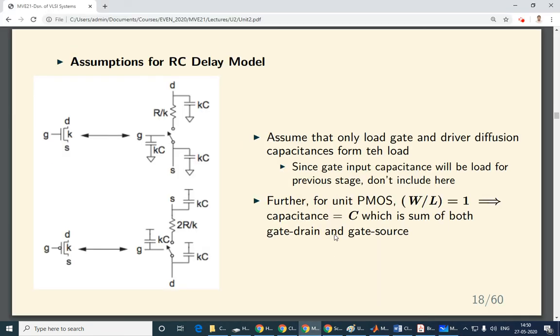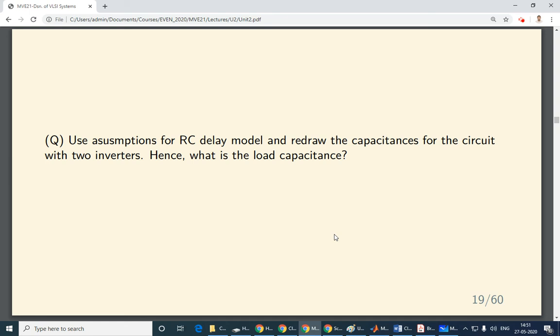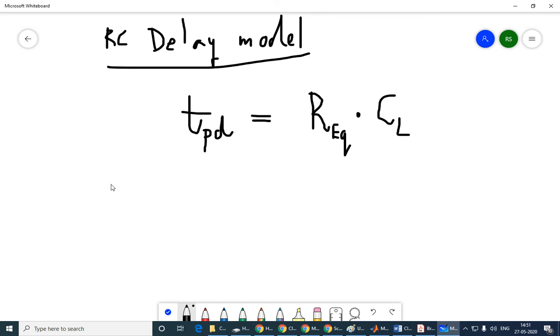Okay, this is just showing that. We already did this circuit with two inverters. What is the RC delay model? We can go back to this diagram. We knew that R equivalent, for that particular case with two inverters, was just R, and CL in that particular case we calculated was 6C.